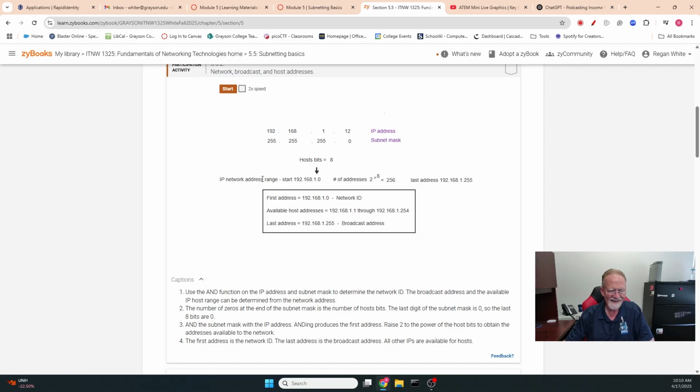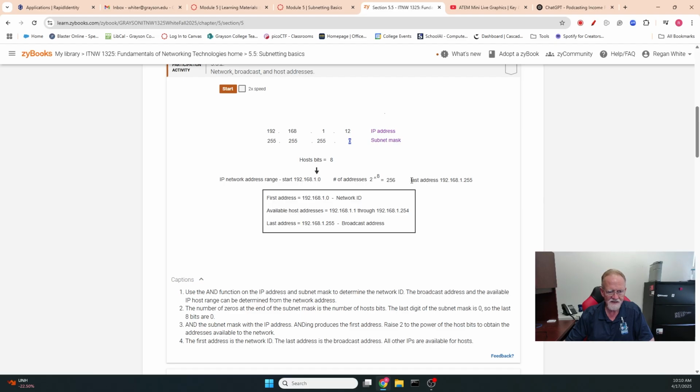So the IP network address range starts at 192.168.0. And the number of addresses that it will have available in the /24 CIDR is 256. We know that because there are 8 bits in host, and if you go 2 to the 8th, that gives you 256.